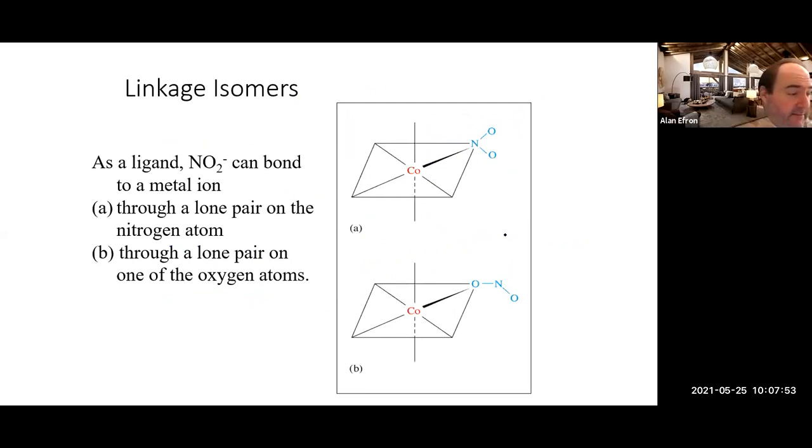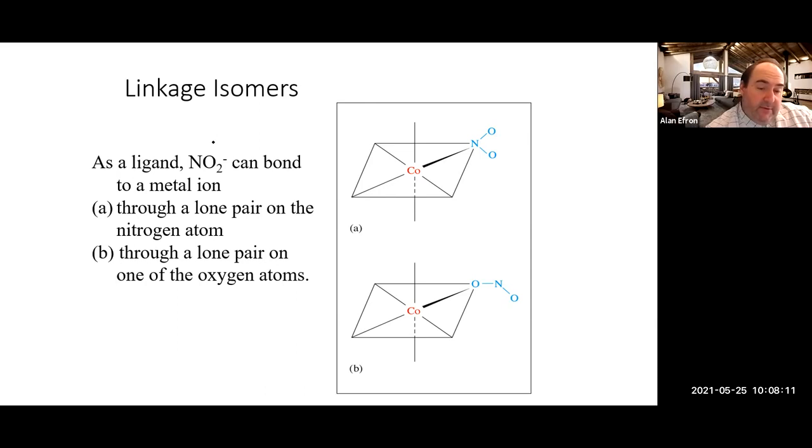Another type of isomer is referred to as a linkage isomer. Much like the name implies, it's how the ligand is linked into the complex ion, meaning which atom is doing the binding.